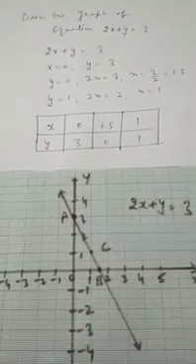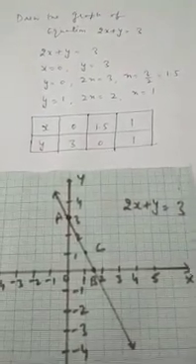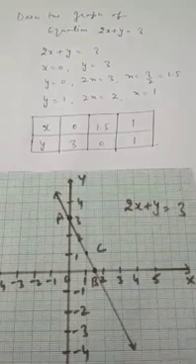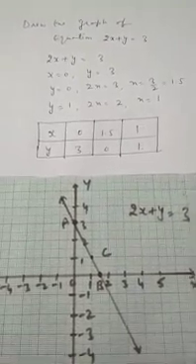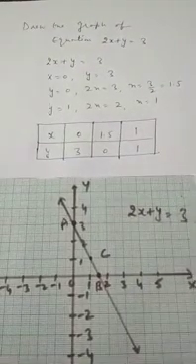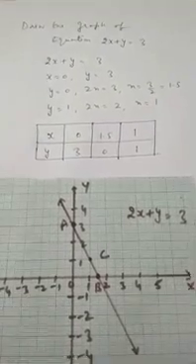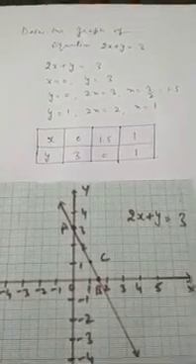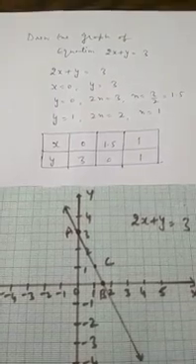Now we will plot the graph on the Cartesian plane as we have done in the previous questions. On the x-axis we show positive x as 0, 1, 2, 3, 4, 5, and negative on the left side as minus 1, minus 2, minus 3, minus 4.